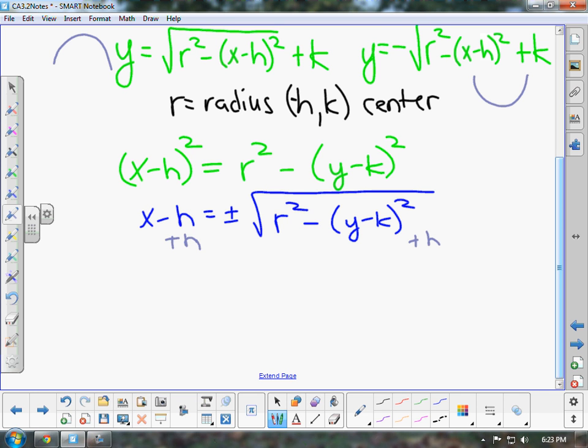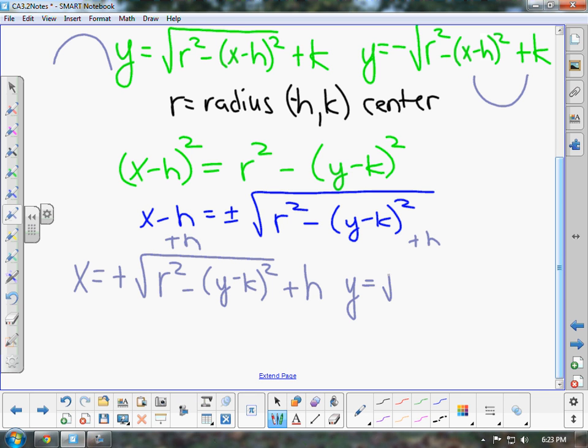And we would get two things here. One would be x equals the positive square root of r squared minus (y minus k) squared, plus h, and x equals the negative square root of r squared minus (y minus k) squared, still plus h.